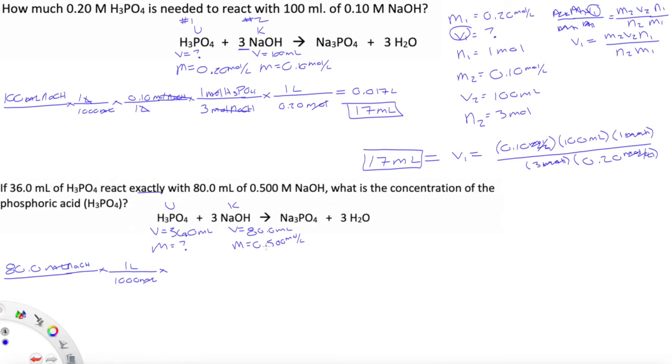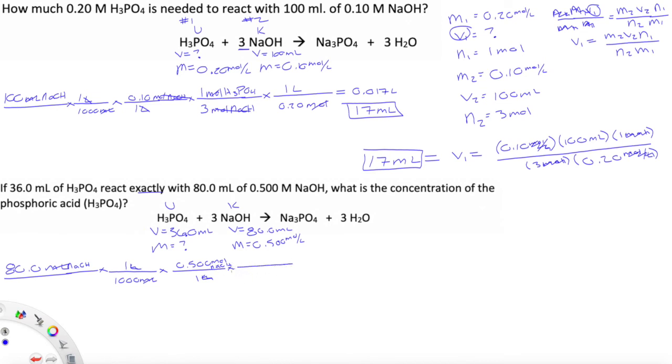Now I can use that concentration to get to moles. So 0.500 moles in 1 liter. Liters will cancel out now. And now I'm left with units of moles of sodium hydroxide. And now I can set up my mole ratio.